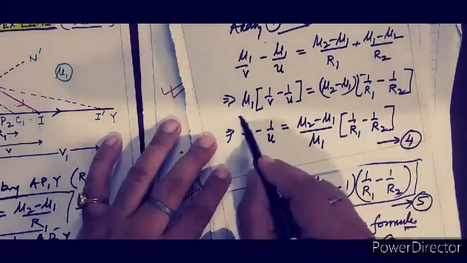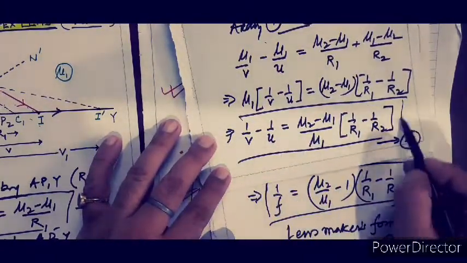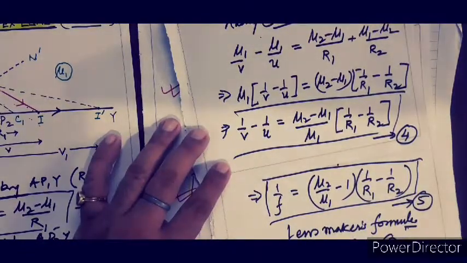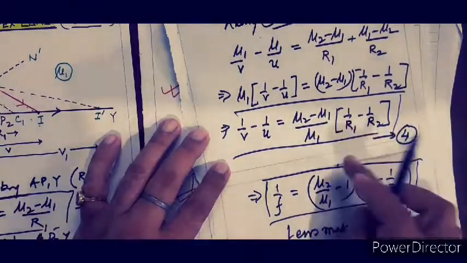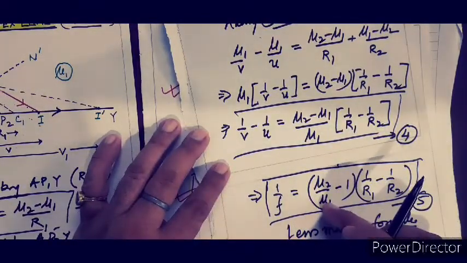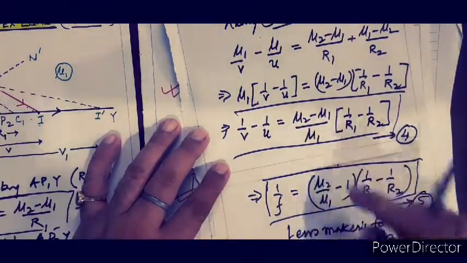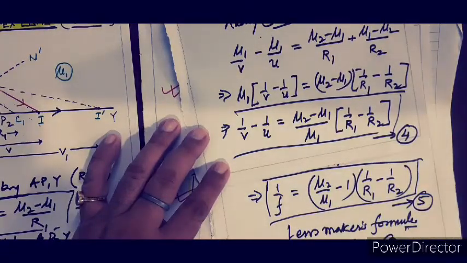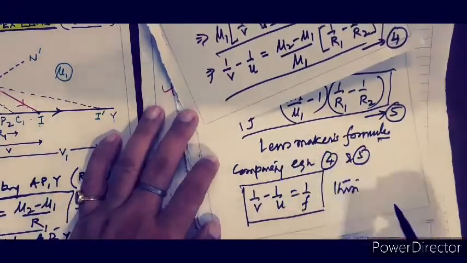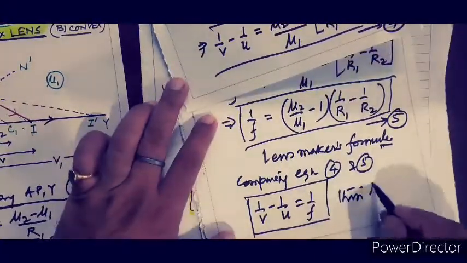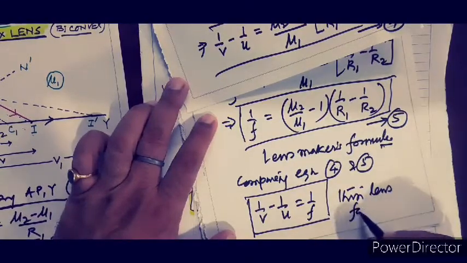By comparing equation number 4 and 5, the right hand side is the same. This is mu2 minus mu1 by mu1. Both are same. 1 by v minus 1 by u is equal to 1 by f. This is known as the thin lens formula.